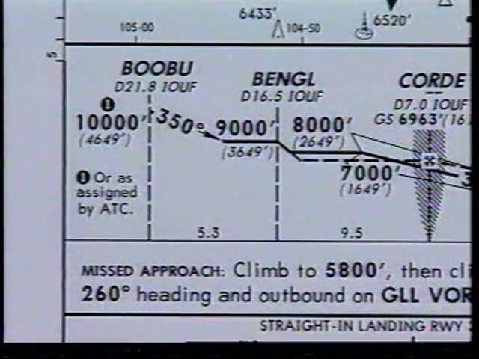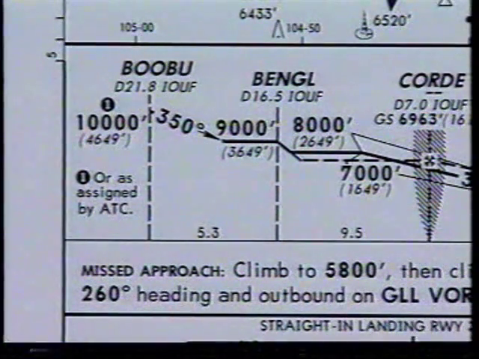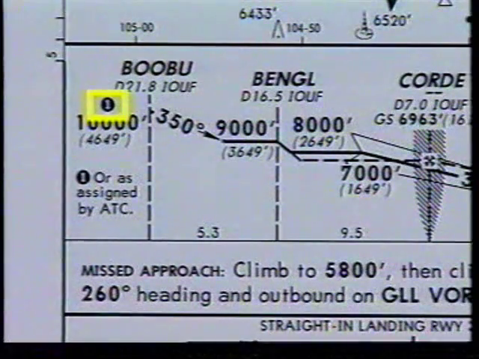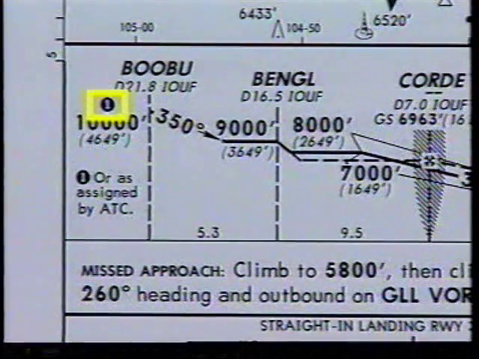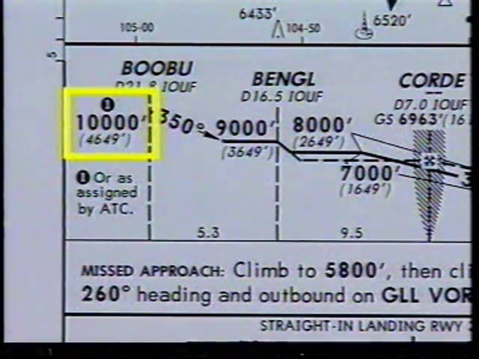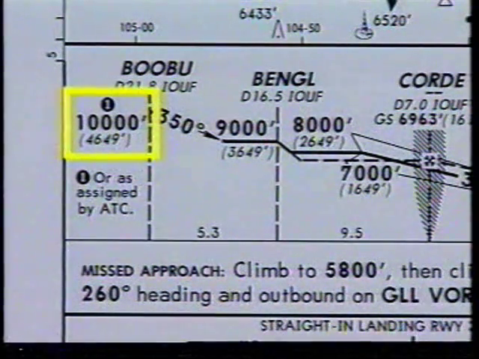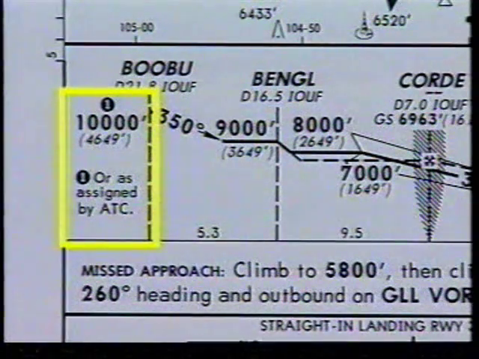This approach shows various step-down fixes, which are used to help you descend to a lower altitude. The circled number refers you to a note located elsewhere on the chart. This note indicates that you should maintain a minimum altitude of 10,000 feet unless you are assigned a different altitude from ATC.